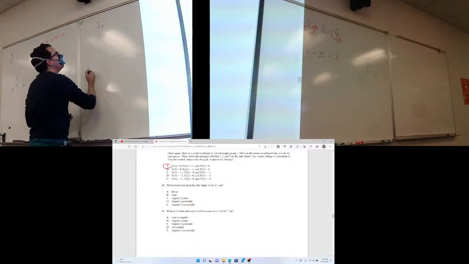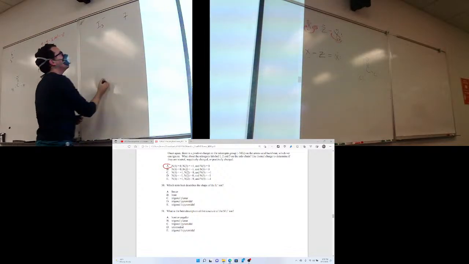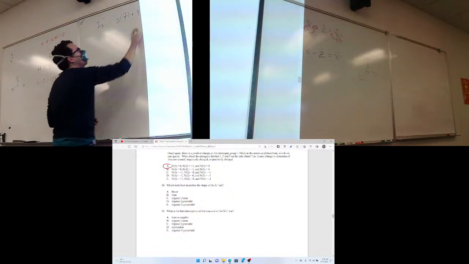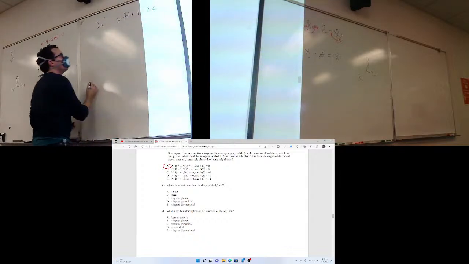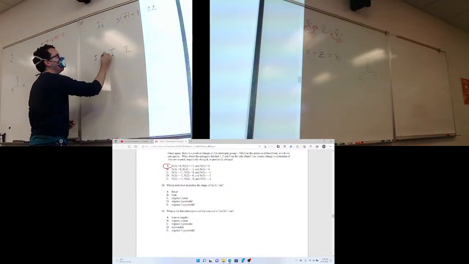I3 minus, I think we did this in class, but whatever. 7 valence electrons for each iodine. There's 3 of them. And don't forget the extra electron from the minus charge. That's 22 electrons. So I'll put 1 iodine in the middle and the other 2 on either side. Bond to each. 2, 4 electrons used up.